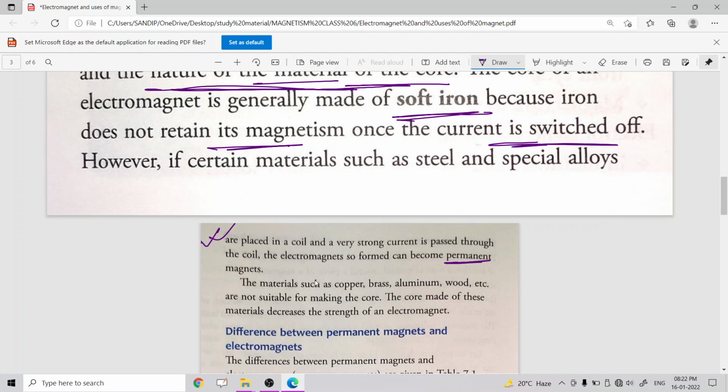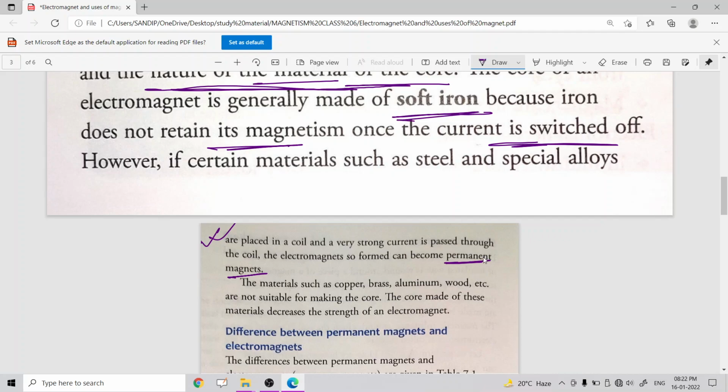But our aim in this process is to make a temporary magnet. So we generally use soft iron, because when the current is switched off, it does not retain its magnetism. Otherwise, if we take steel or any special alloy in the core and a strong current is passed through the coil, then we get a permanent magnet.